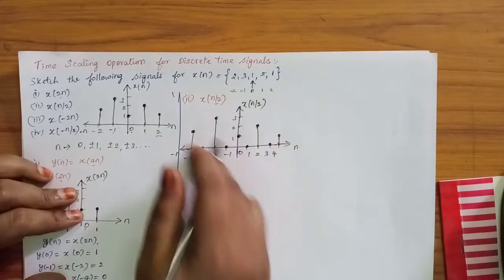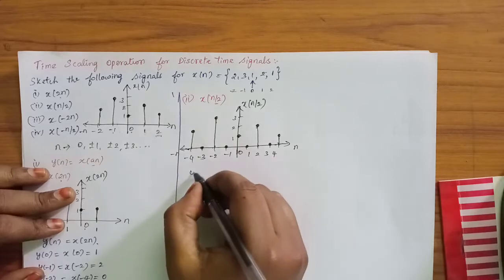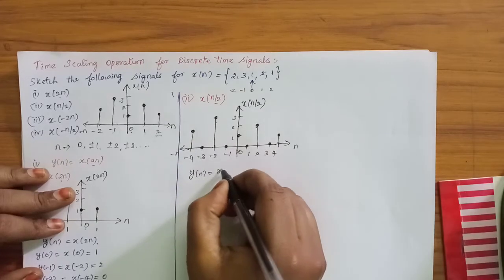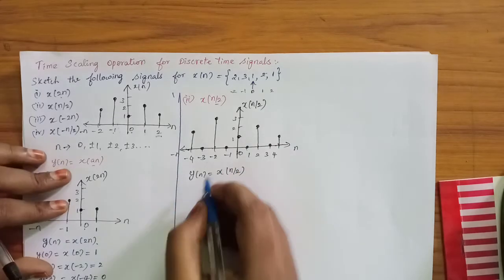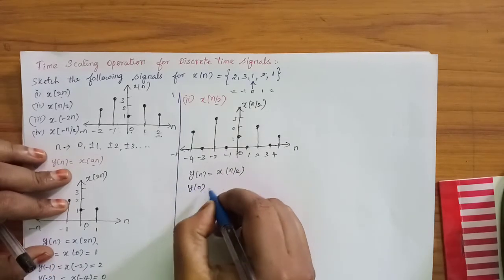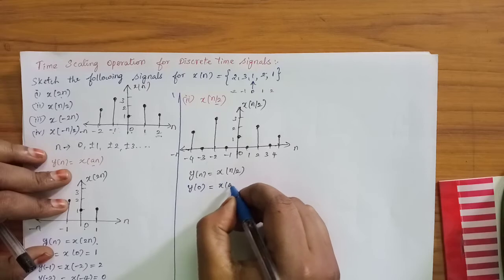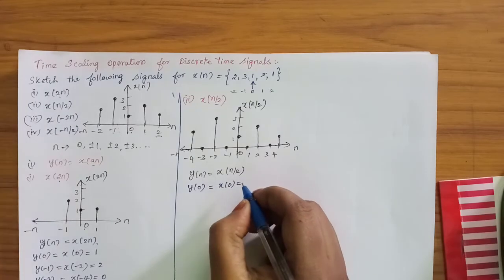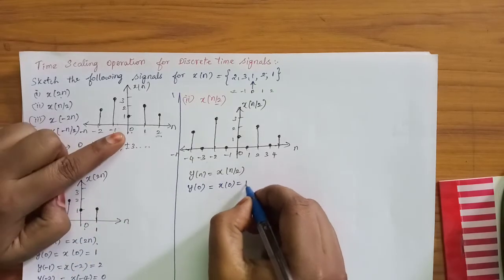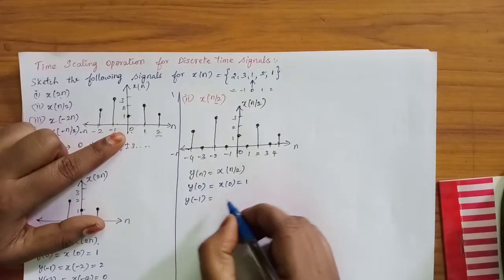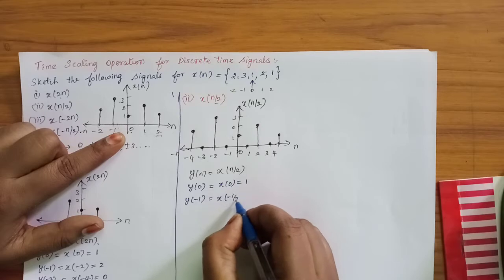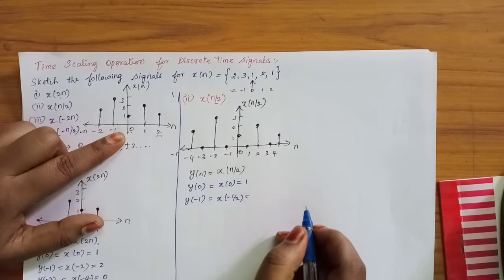Okay, so this also we can prove mathematically, that is y of n equal to x of n by 2. If I substitute n equal to 0, y of 0 means x of 0 by 2, that is x of 0, which equals 1. And y of minus 1 equal to x of minus 1 by 2, that is x of minus 0.5.